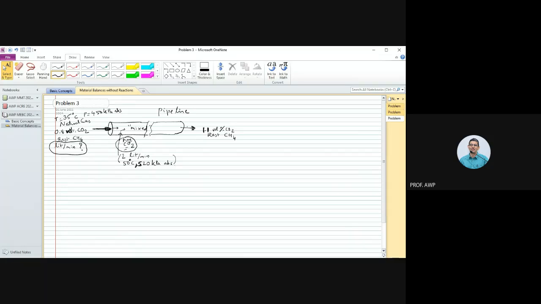I have measured this composition, it is 1.1. I have measured this inlet composition, it is 0.8. I have measured that I have added 2 liters per minute of this gas. I want you to tell me how many liters per minute of this gas is coming in to this pipeline.